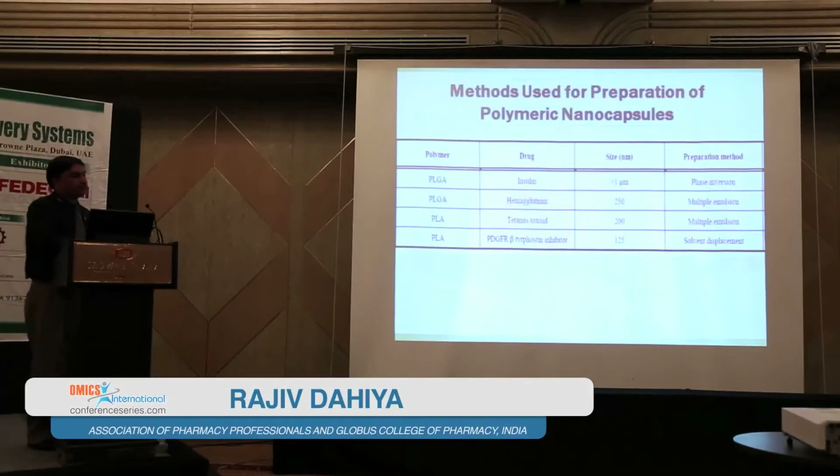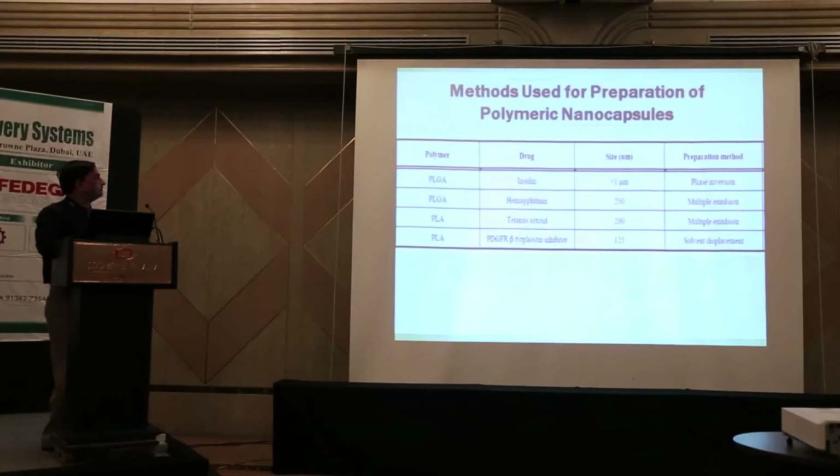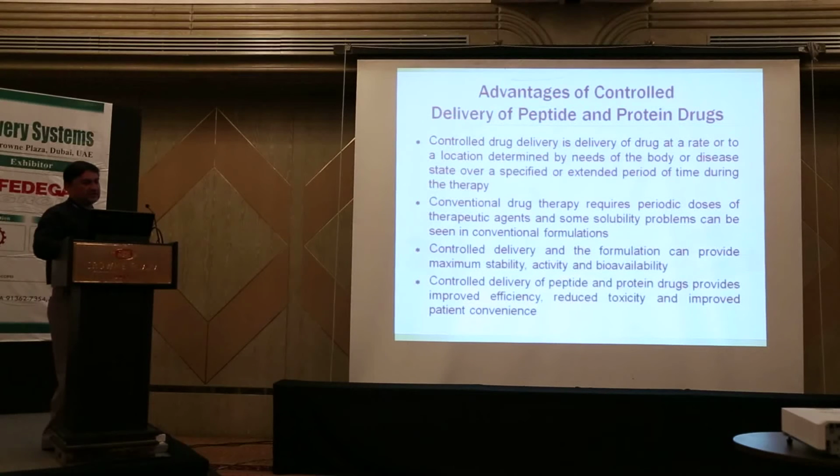Some of the methods used for the preparation of nanocapsules: polymers, most commonly polylactoglycolic acid, polylactic acid, with the respective drugs which are peptide in nature. Some of the marketed formulations of proteins based upon biodegradable microspheres: leuprolide acetate, recombinant human growth hormones, with the respective diseases like prostate cancer and GH deficiency.